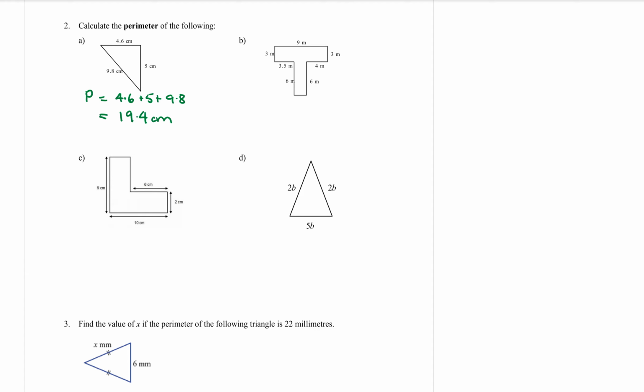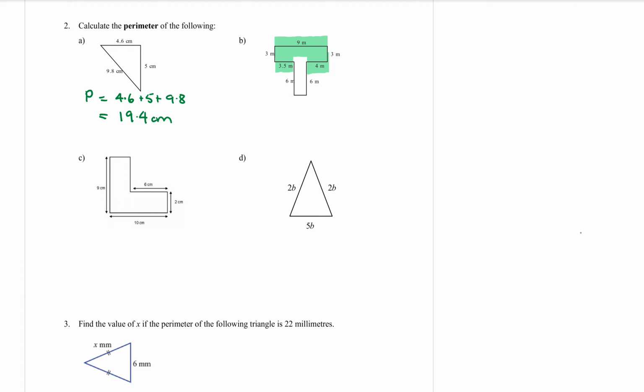Part B, slightly more complicated shape, but check each of the sides to see if you've got a measurement, and there's actually one missing. This one down the bottom doesn't have a measurement on it. So what I need to do is work out what that missing side is. Now you can see that the 9 meters is all the way across the back there, and I've got 3.5 here and 4 there.